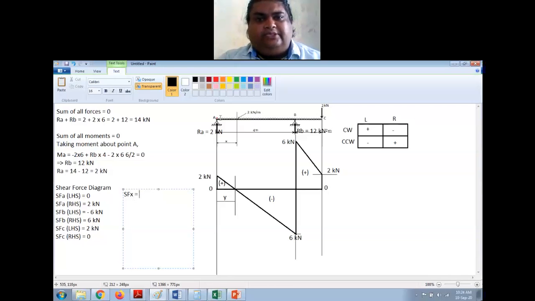SF at X is some section between A and B, right? So I will take the shear force from here. So it is 2 minus the intensity of the UDL, which is 2, into x, the length is x. So 2 minus 2x is the shear force at any point x, right?